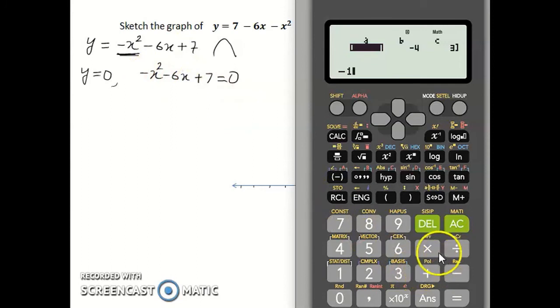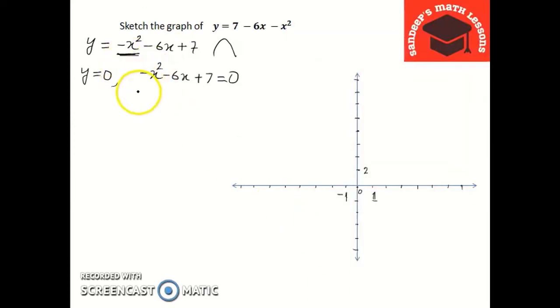Then B is -6, and C is 7. So my roots are 1 and -7. So I get x is 1 and x is -7.